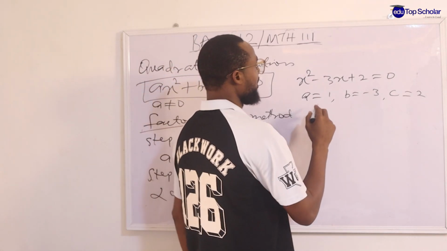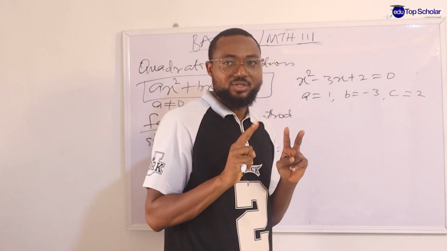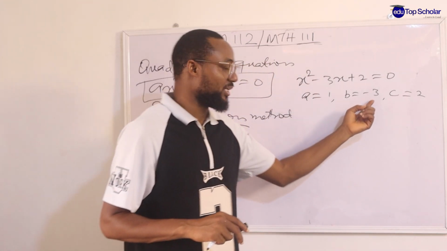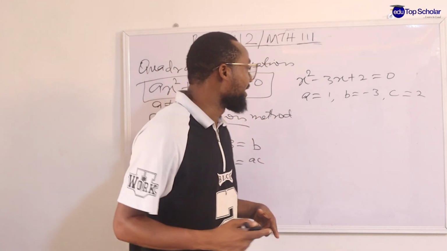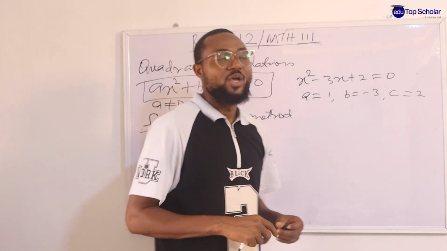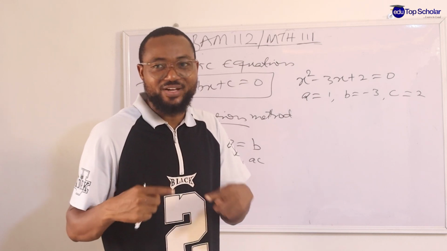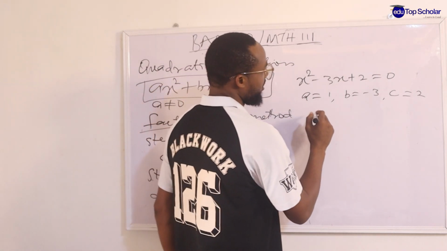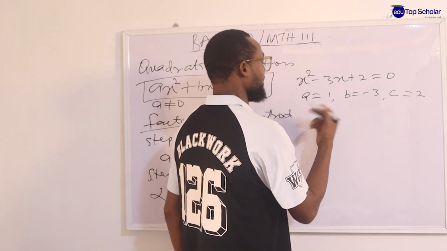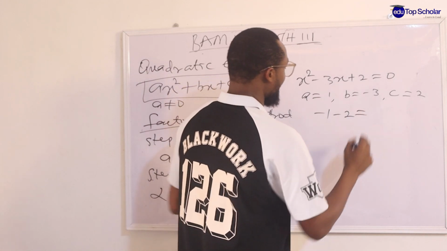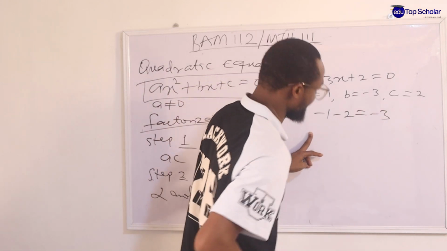Therefore, we want to get two factors such that when we add, we have minus 3. When we multiply, we have 2. And we have to take into cognizance the signs. They are very, very important. For the two factors now, if we take minus 1 and minus 2, minus 1 minus 2 will definitely give us minus 3.